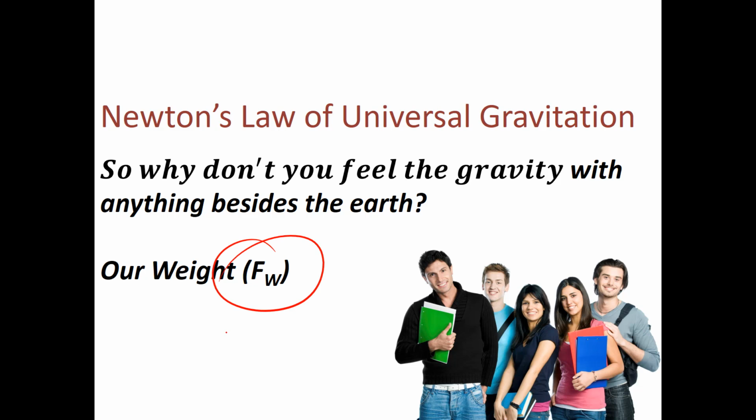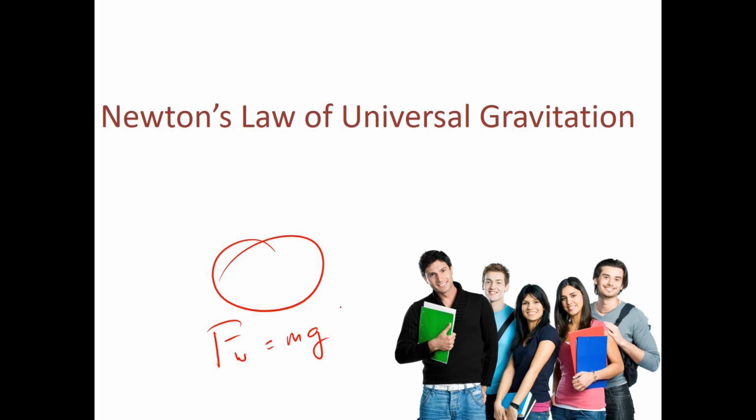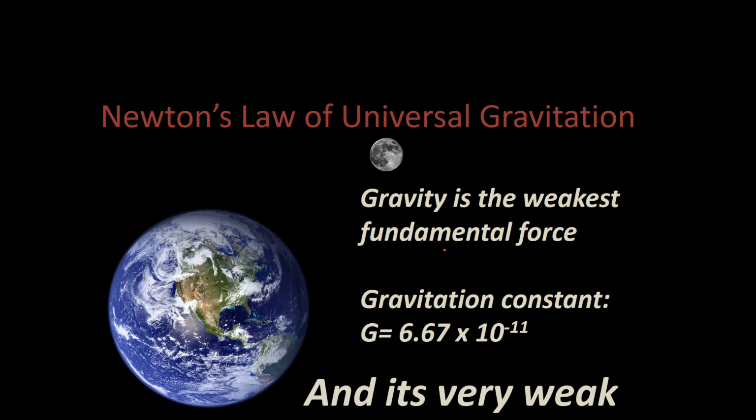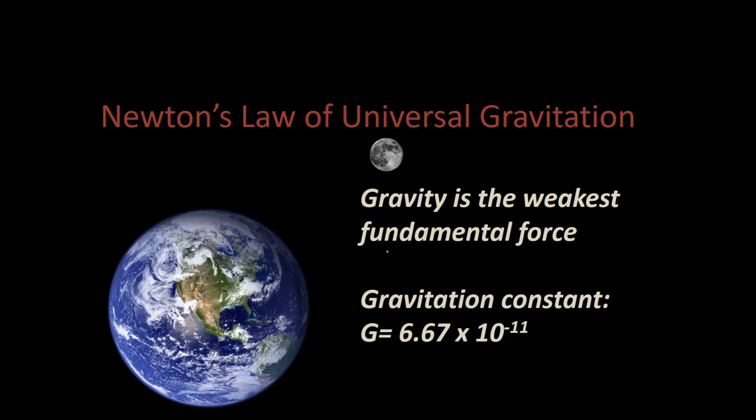We dealt with Fw equals mg before. That was one of our old equations. Well, with Newton's law of universal gravitation, you can do the same equation, but in long form. You can take the Earth's mass and your mass.